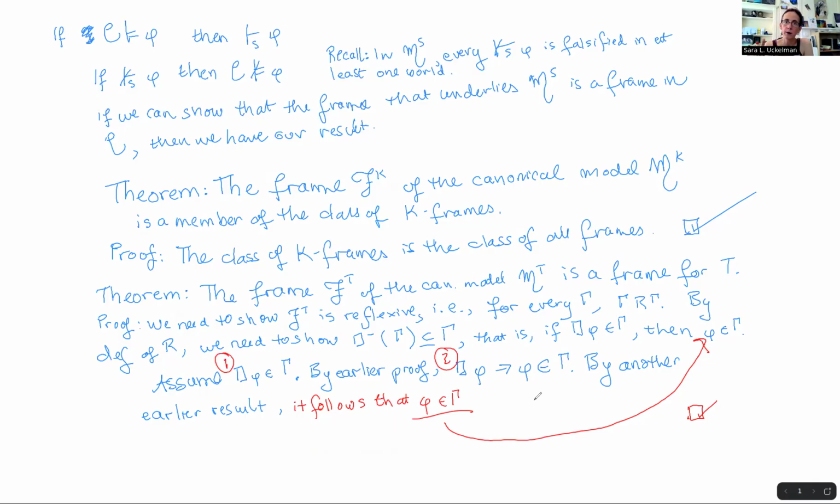But then we'll look at a couple of other examples which are somewhat more complex because they will require us to show the existence of particular maximal consistent sets in order to demonstrate that we've got the right properties on the accessibility relation.